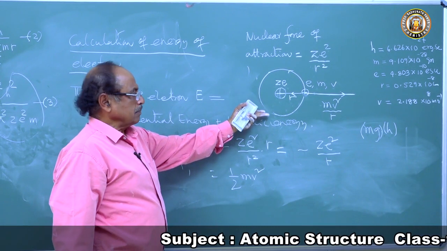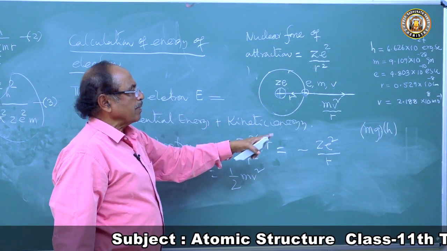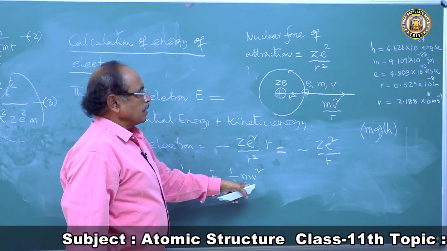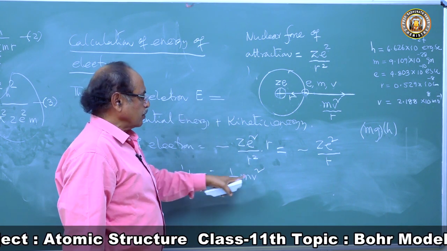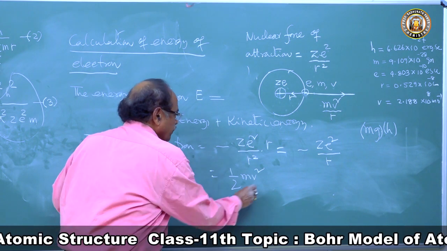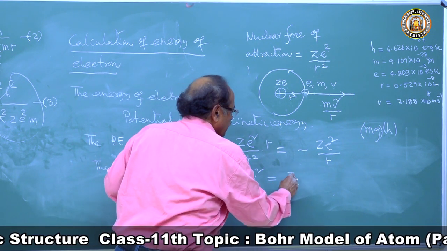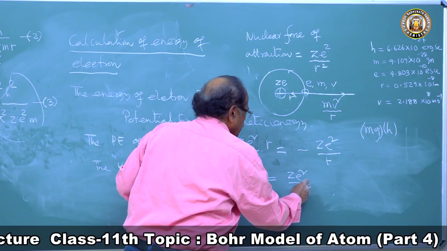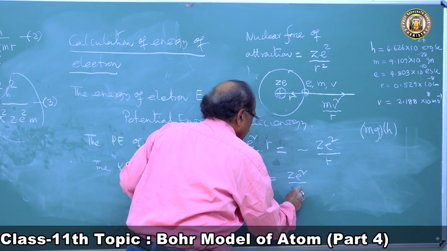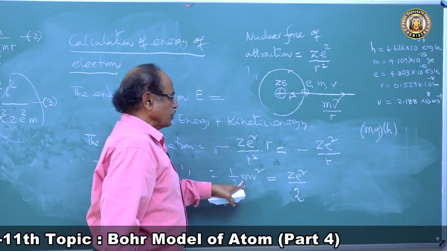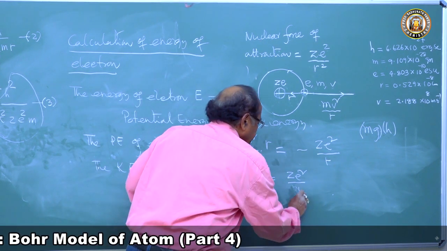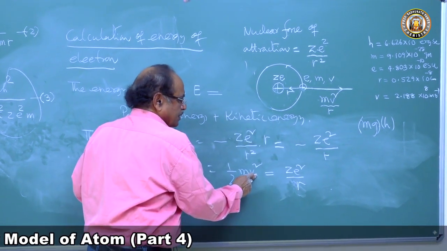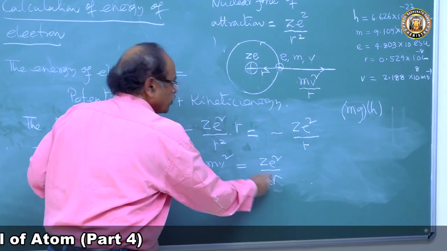We will put that here. So the kinetic energy is equal to half of Ze square by r, that is Ze square by 2r.